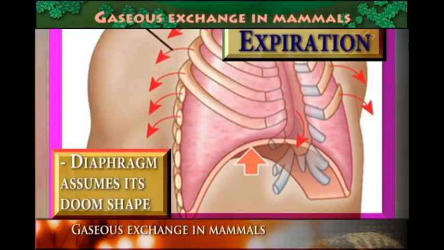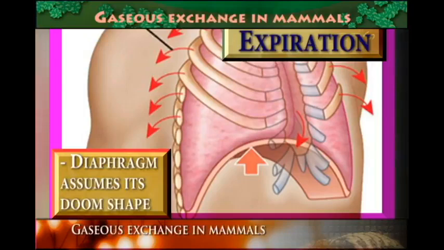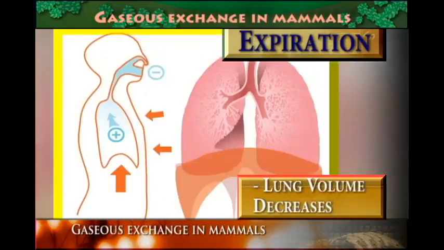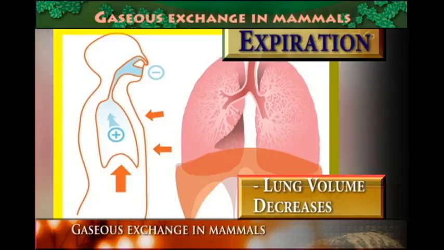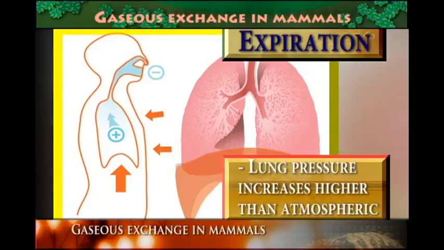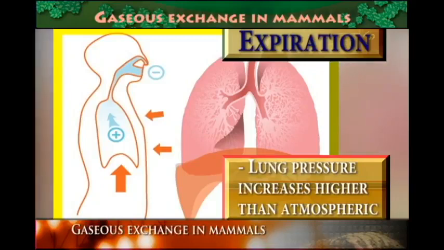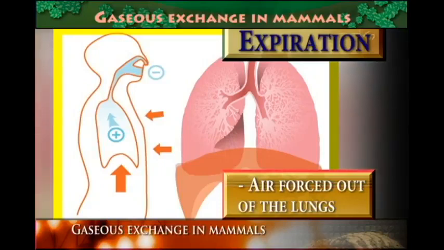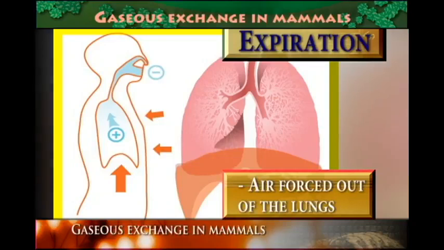The thoracic cavity volume is decreasing, and the lung volume also is decreasing. This leads to an increase in the pressure in the lungs, greater than that of the atmospheric pressure. And because the pressure in the lungs is greater than the atmospheric pressure, air is going to be forced out of the lungs. That's how expiration takes place.